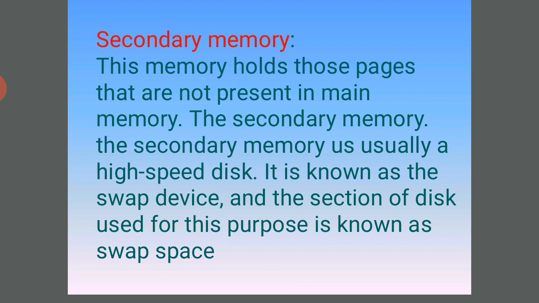Swap means the information, the data, pages are exchanged one by one, so that is called swapping. In this paging, the information is transferred from one place to another place. The high speed disk is the swap device, and the section of disk used for this purpose is known as swap space.